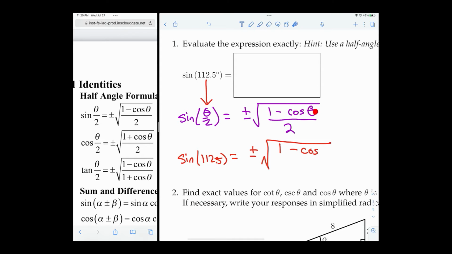Theta should be twice as big. If theta over 2 is 112.5, then theta would be double, 225. So this should be 1 minus cosine of 225 degrees, over 2.